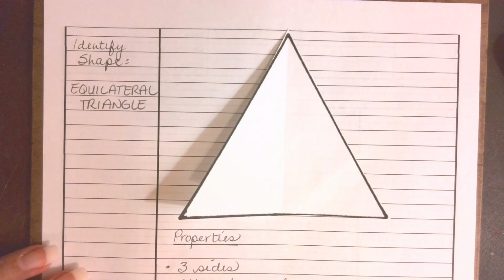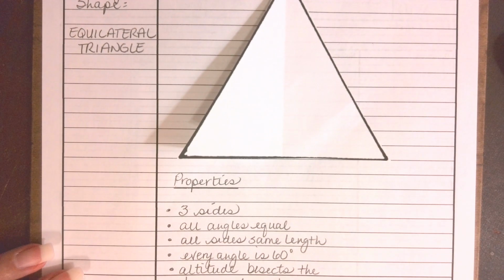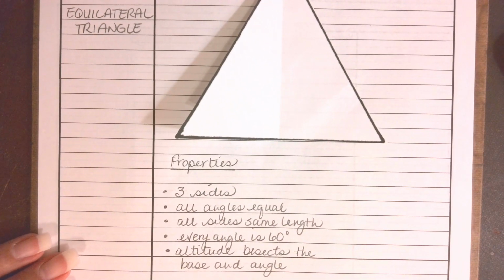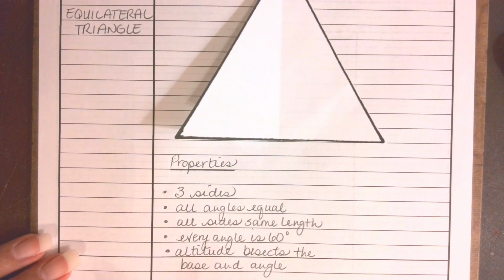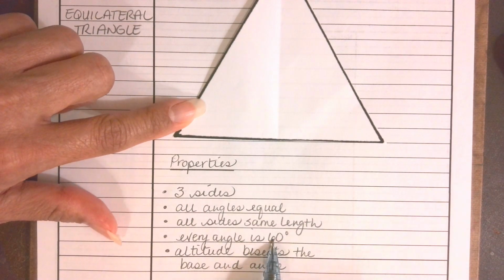Okay, so here are a few properties again that have come up in the past when teaching this. So the first, they identified three sides, so that it's a triangle. They have said that all angles were equal, and so they were able to determine that it had to be 60 degrees because 180 divided by 3 ends up being 60 degrees.